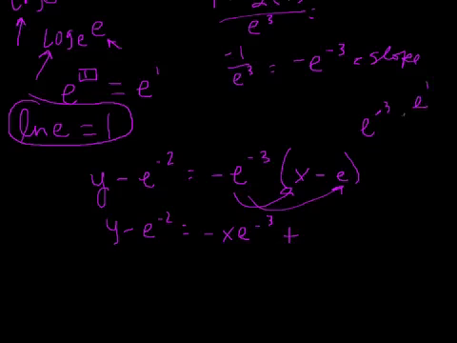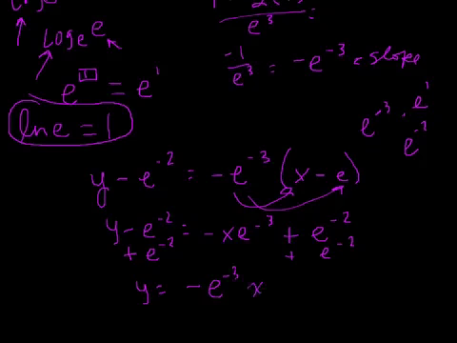When you're multiplying and things have the same base, you add the exponents. That gives you e to the negative 2 power. Okay, so I have e to the negative 2 power there. Then I have to add over here, so it's plus e to the negative 2 power. So that gives you y equals negative. Now, remember, you're writing the equation of the line. So your slope is negative e to the negative 3.